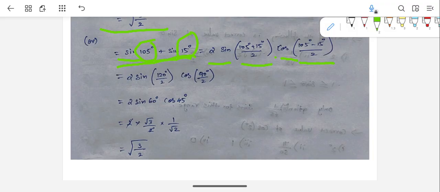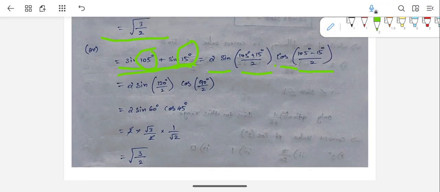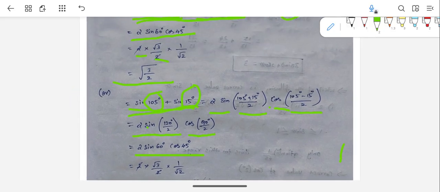Then you can just simplify. 105 plus 15 is nothing but 120, so 2 sine 120 by 2 into cos 90 by 2, because 105 minus 15 is 90. Again you can simplify that into 2 sine 60 degrees into cos of 45 degrees, right? That is the same thing you got here also.